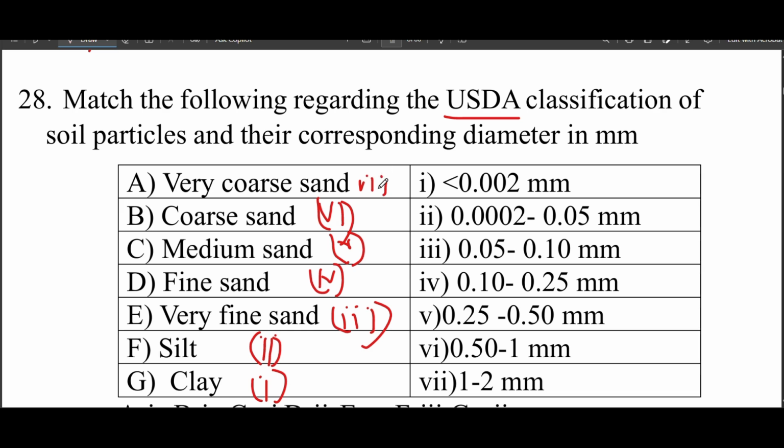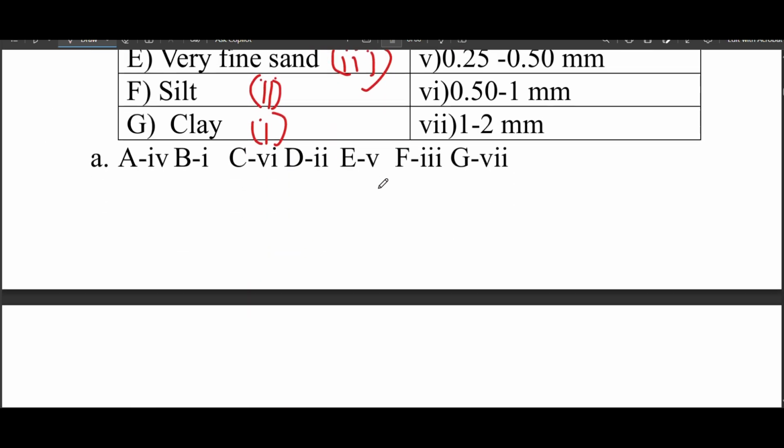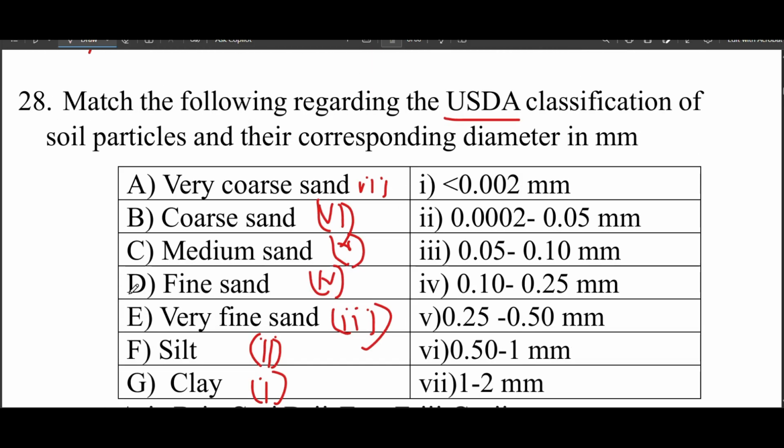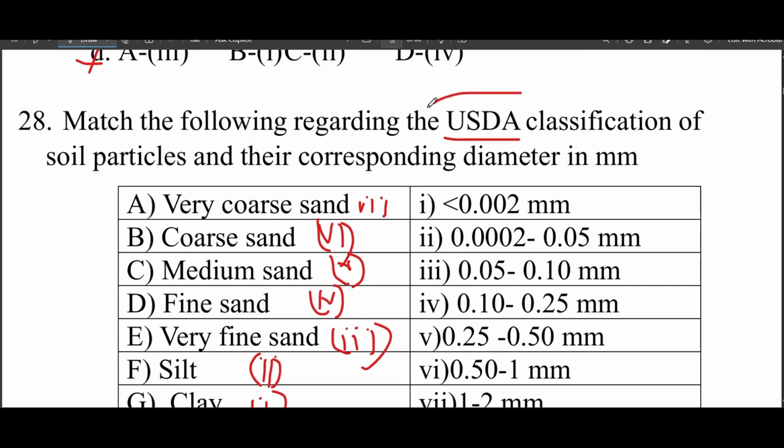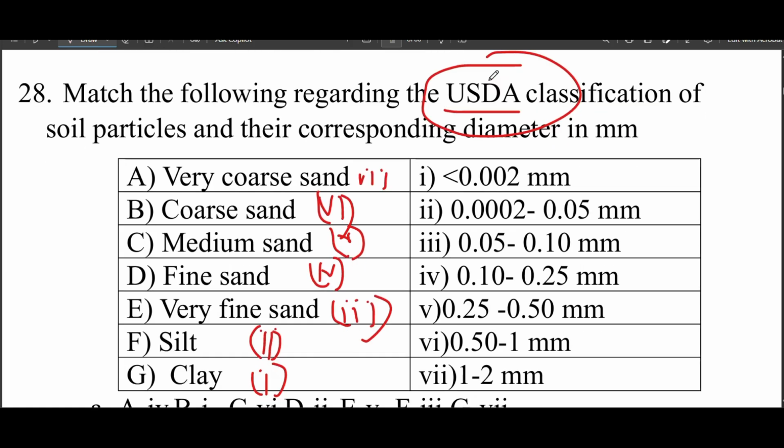So among the options, which is correct? B will be correct. So just remember this one. There are some techniques for solving, but if the questions are asked in a twisted way, then you have to know the correct option.